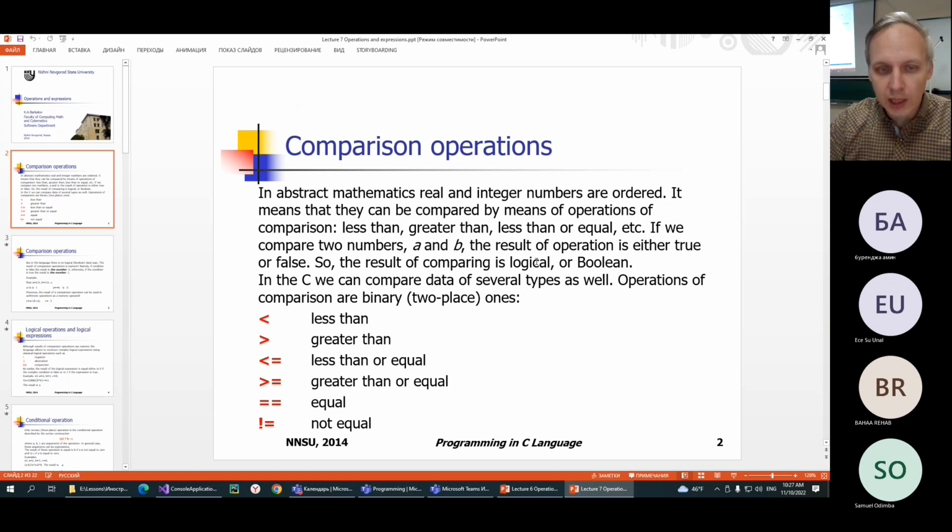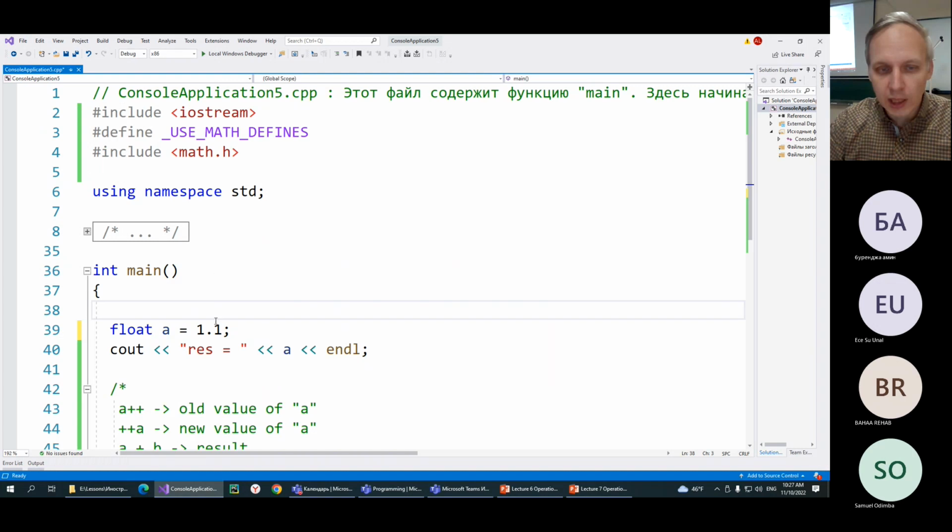So if the result of some comparison is false, the result of this operation will be 0. So please remember, 0 is false, 1 is true. And we can apply this comparison for numbers of any data types.